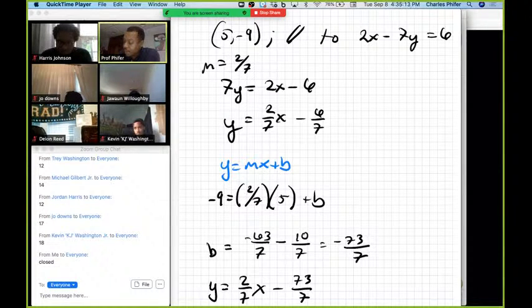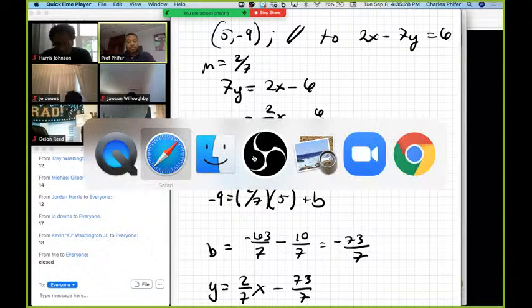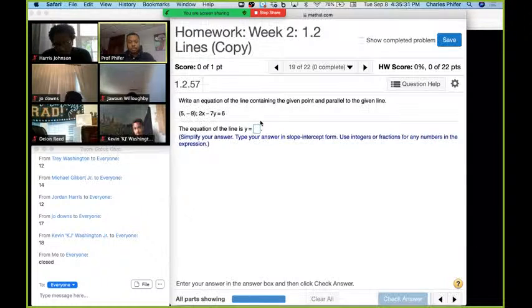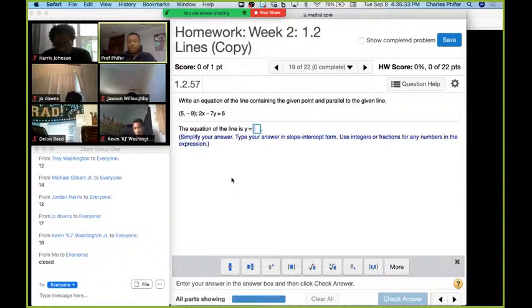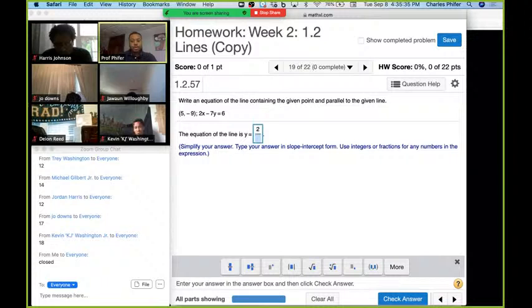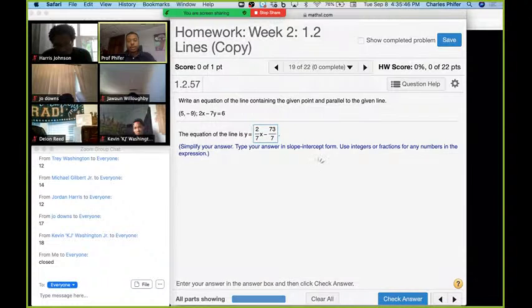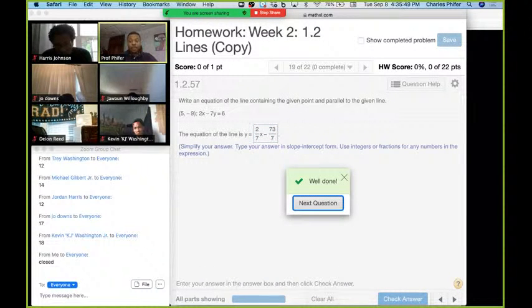So when x is 5, y should be negative 9. 10, negative 63 by 7, that's 9. Okay, let's go with this. 2/7 times x minus 73/7. I don't know. We'll see. Okay. I guess that's how that one worked out.